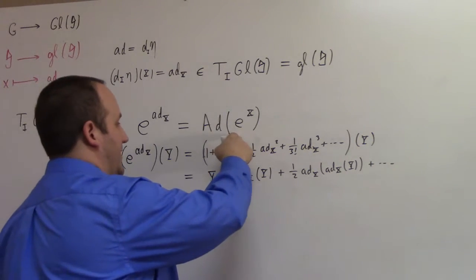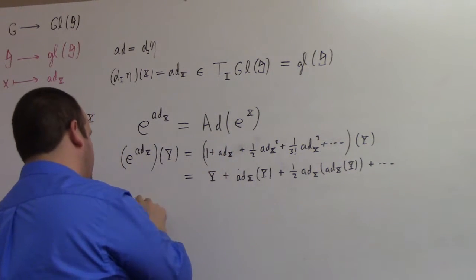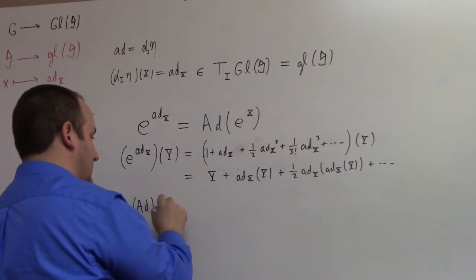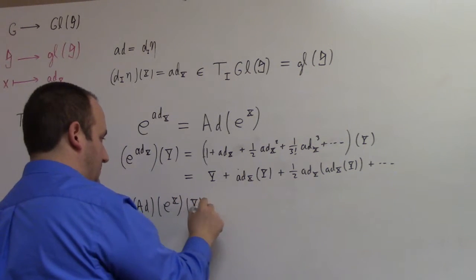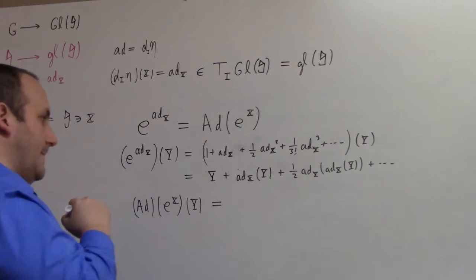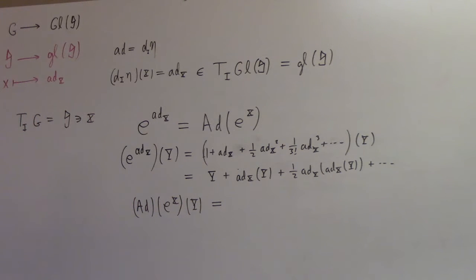On the other hand, if we act on y, right? What would that mean? Is that like ad sub e to the x? Like, okay. No, this is ad, well, yeah, it is. Or is it like eta? It has to be that, doesn't it?